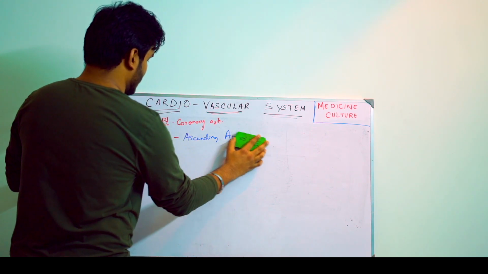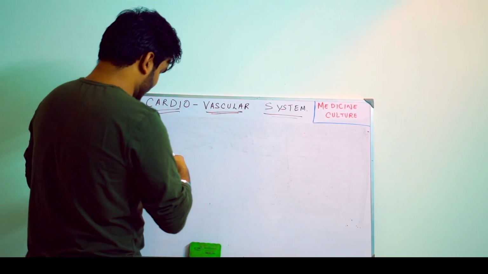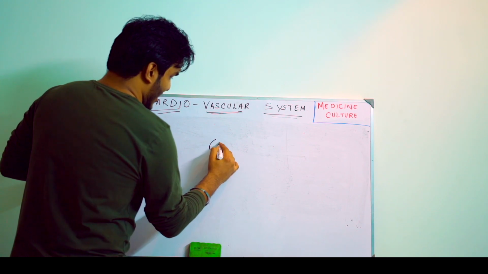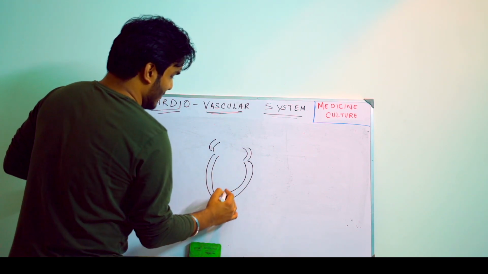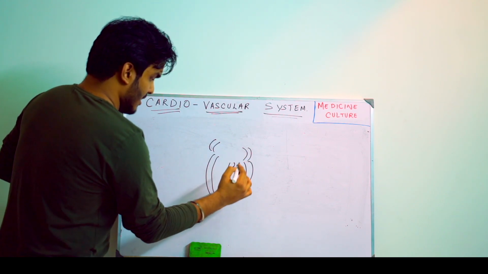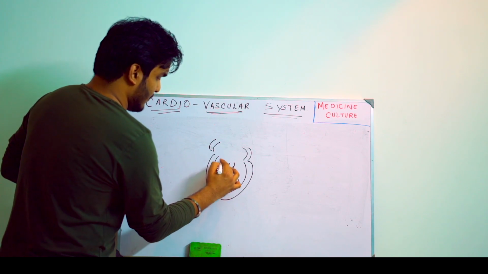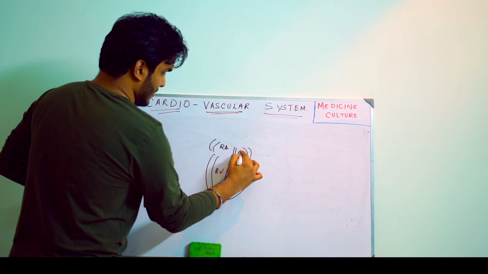I think a diagram will help you guys. Let's draw a diagram. I'm poor at drawing diagrams, but cope with me. So this is the interventricular septum, left ventricle, right ventricle, right atrium, and left atrium.